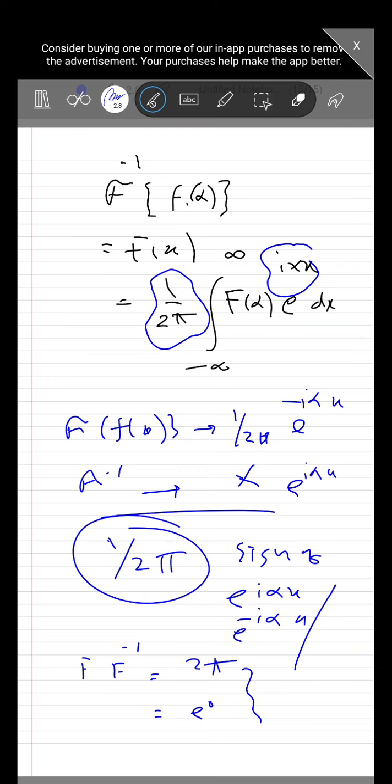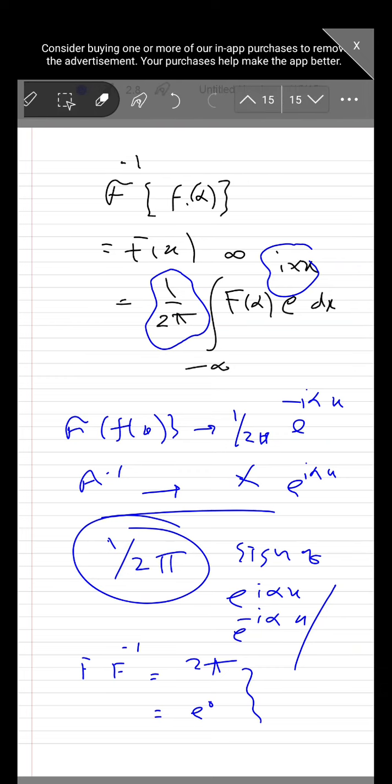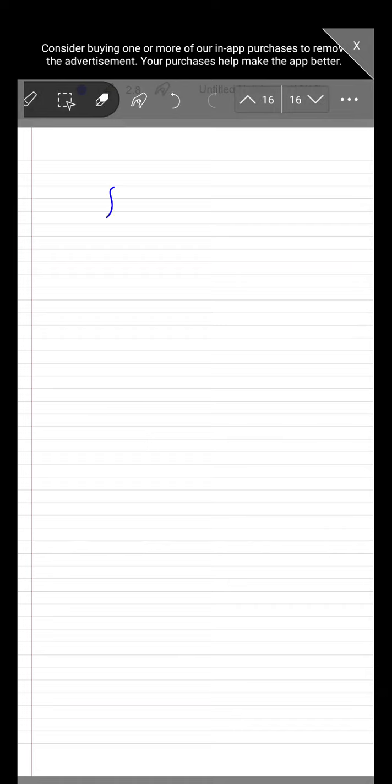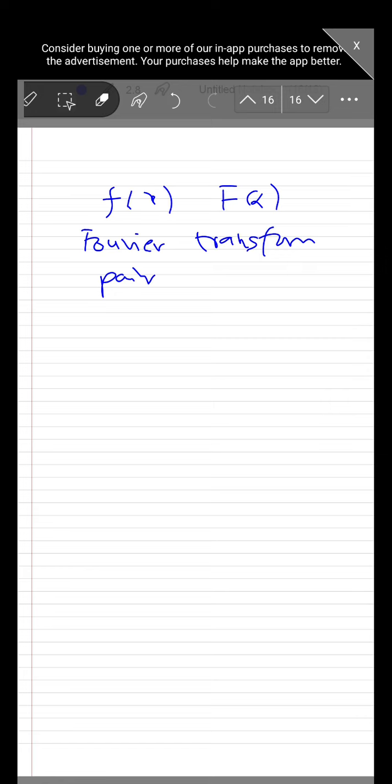So f(x) and F(alpha) are called a Fourier transform pair. We can have different values of x corresponding to different values of alpha.